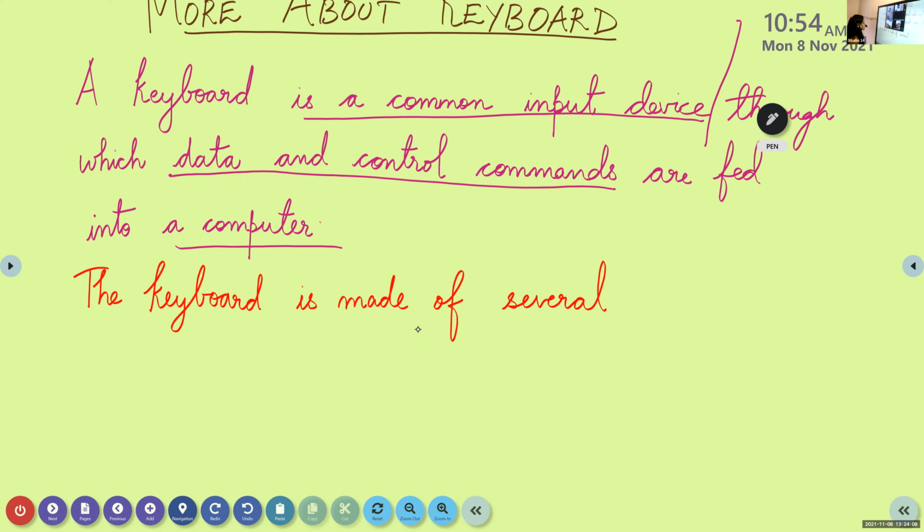The keyboard is made of several small buttons called keys.